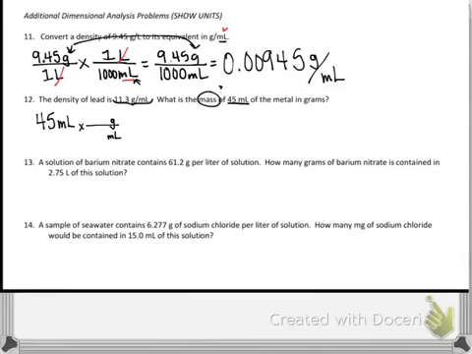So then in this case, because grams is on this side of the little dashed line, that means it's in the numerator. So it's 11.3 grams for 1 milliliter. We can now cancel out our milliliters, and we can do our math. So 45 times 11.3 is 508.5. Which unit survived? We have grams.